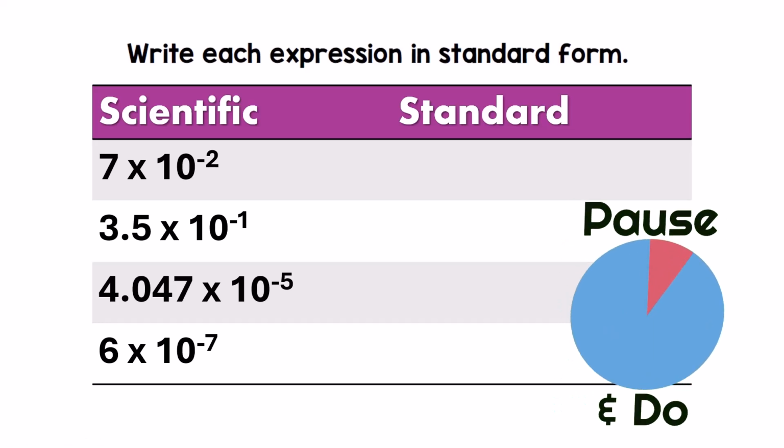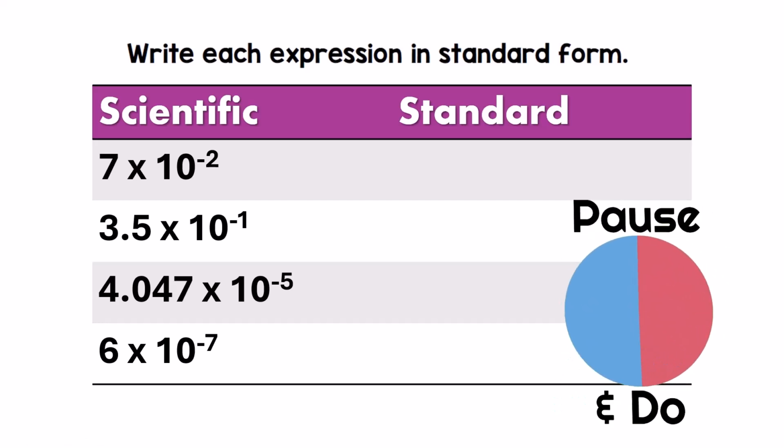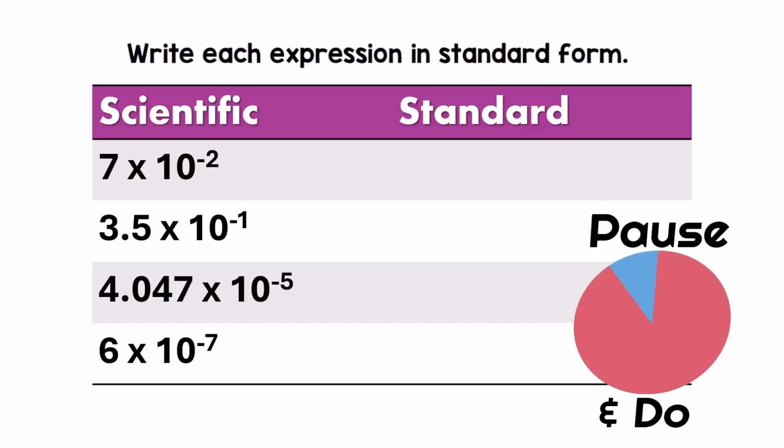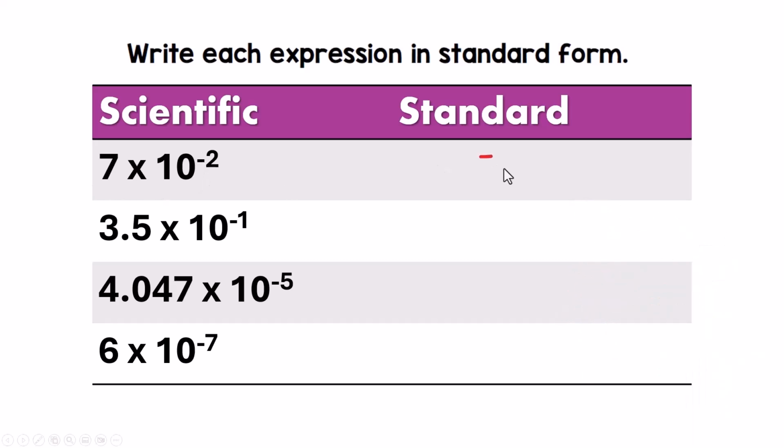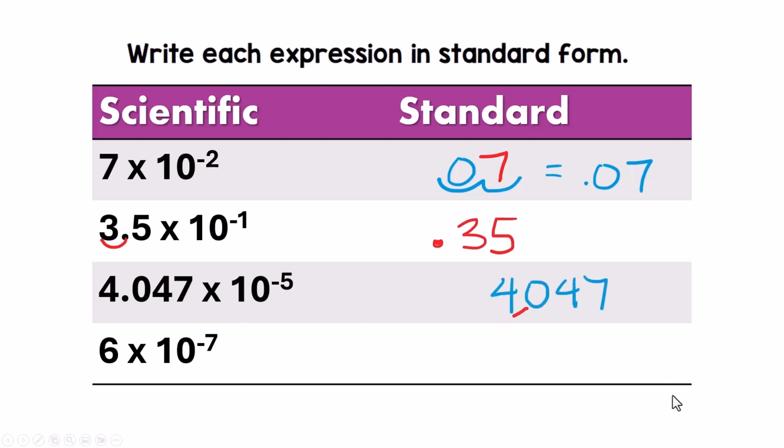Pause the video and go. 7 times 10 to the negative 2, you start with 7, and you move that decimal place forward 2 places, so you ended up with 0.07. 3.5 times 10 to the negative 1, you move the decimal place once, apparently very slowly, and we end up with 0.35. 4.047, I start out by just writing the digits, and then I move my point, fill in any zeros that I need to fill in, and that's what you end up with.